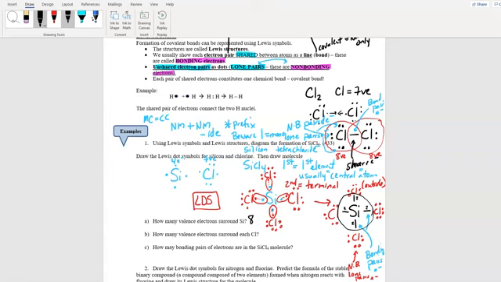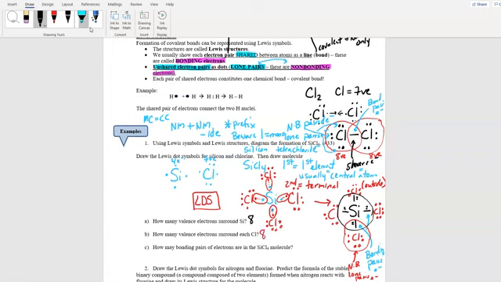He's happy. And what about each chlorine? Well, look at the chlorines. The chlorine right here definitely still has 6. But remember, each chlorine is sharing those electrons with the silicon. So I have 2, 4, 6, but then I'm sharing also those electrons with silicon. So each chlorine also has 8.